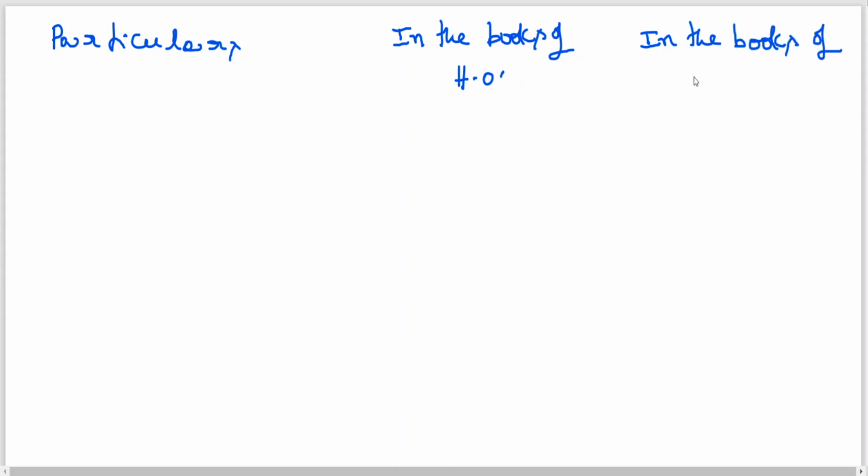First column write particulars, then in the books of head office, in the books of branch.